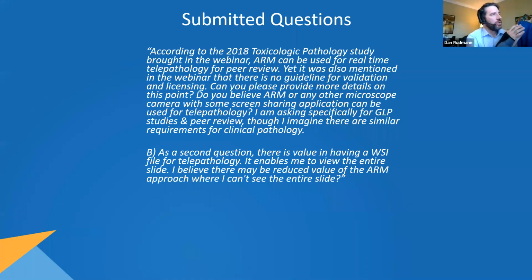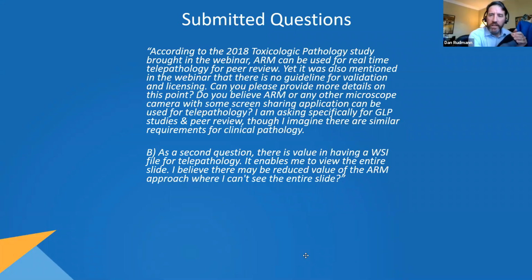Sure. Yeah, so the best practice of peer review in non-clinical pathology and toxicology is that it doesn't produce raw data. So it's basically a consultation exercise where there's a second pathologist that is interacting with the study pathologist, who is responsible for the data and who is responsible for the final diagnostic decisions and writing the report.